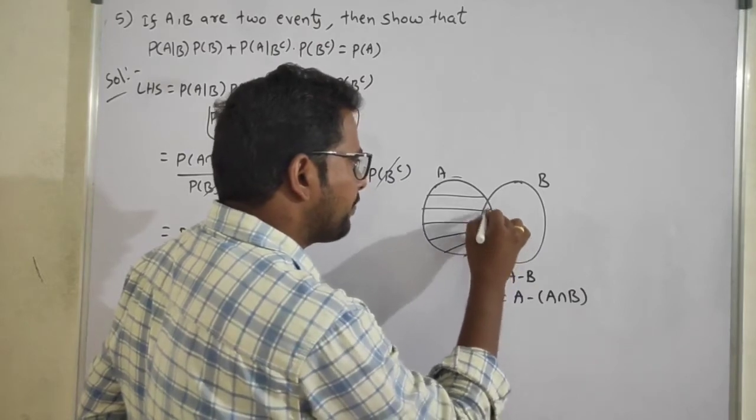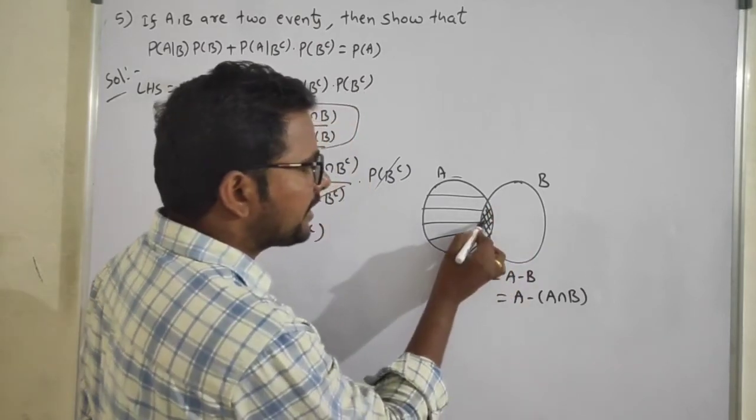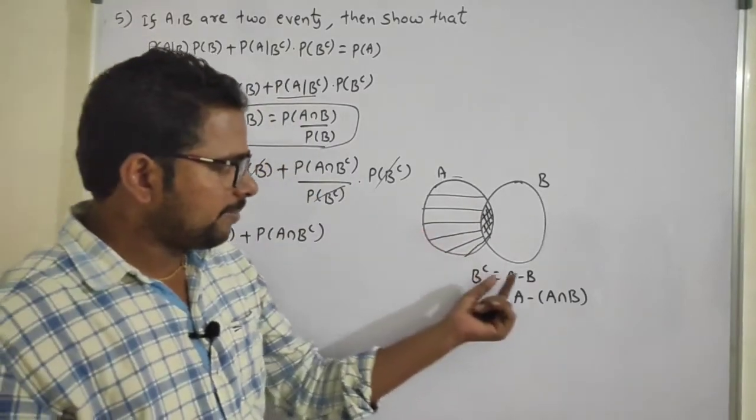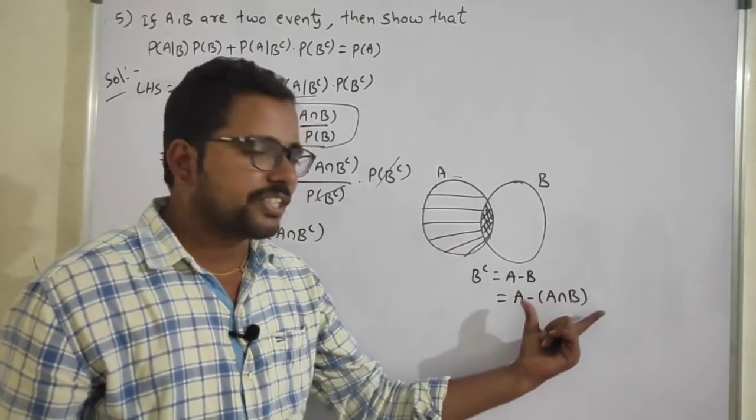Subtracting this intersection, what we get is A minus B. So we get A minus B as A minus A intersection B.